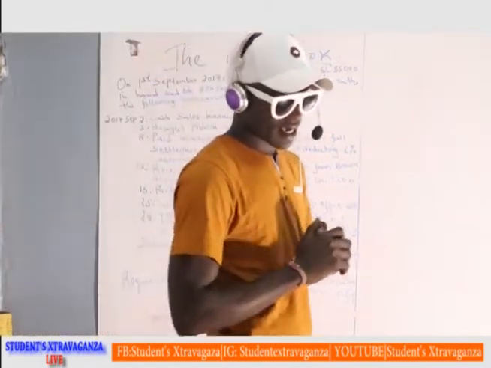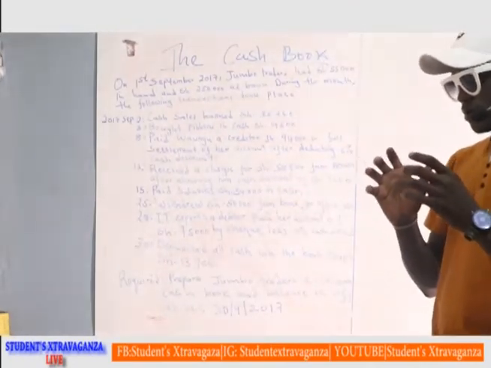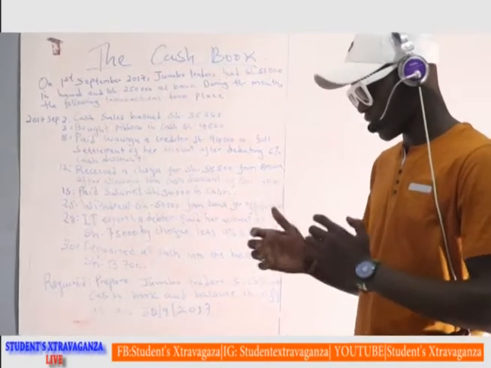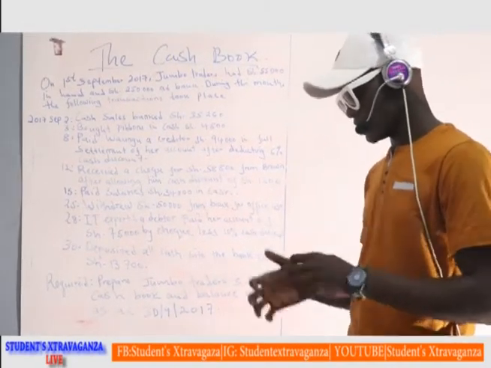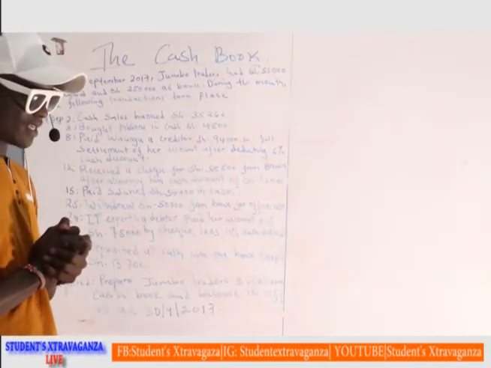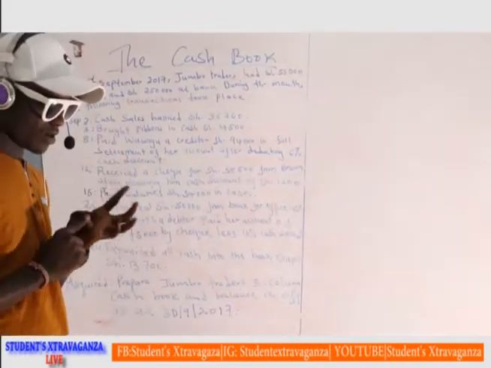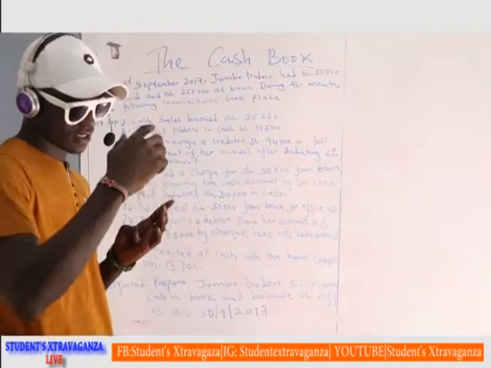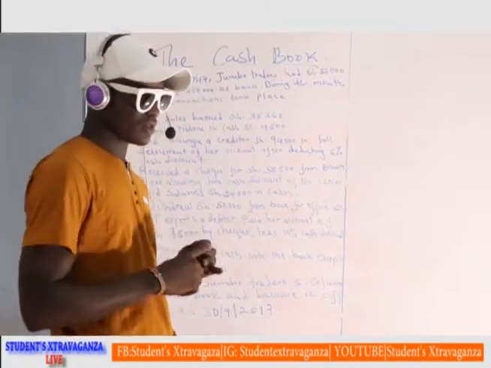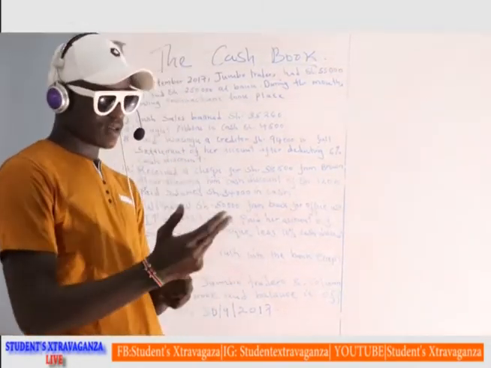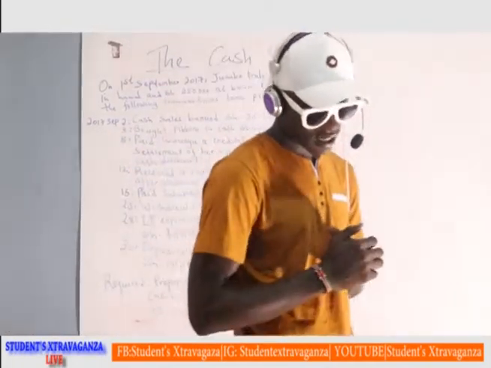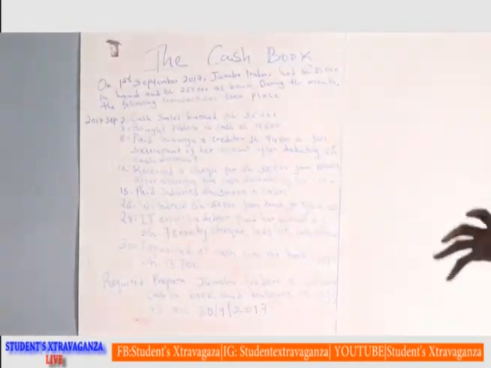A 3-column cash book has 3 money columns on the DR side and CR side. That's the reason why we call it a 3-column cash book or a triple cash book. We have discount allowed, cash, bank on the DR side, and discount received, cash, bank on the CR or credit side.